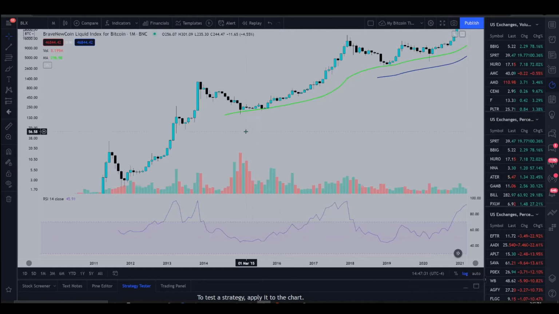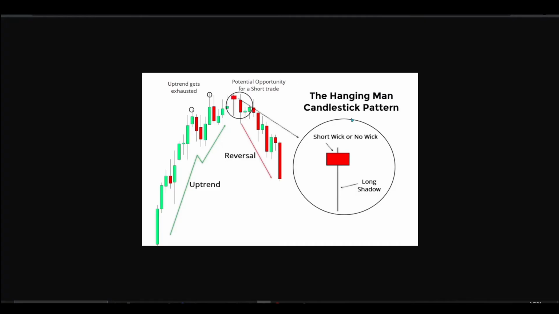You can see in 2013 we had this blow off top, and then we put in a reversal candle. What you call this one is a hanging man. A hanging man is a one candle reversal pattern. As you can see with this picture, it's just a very short wick at the top or no wick at all with a long wick on the bottom.